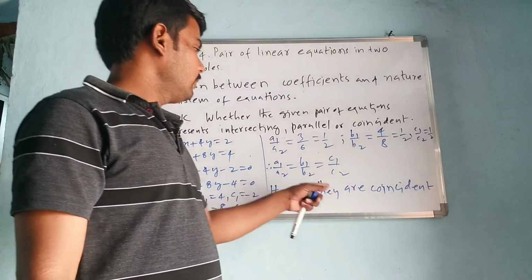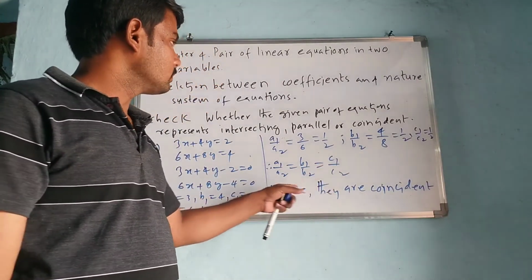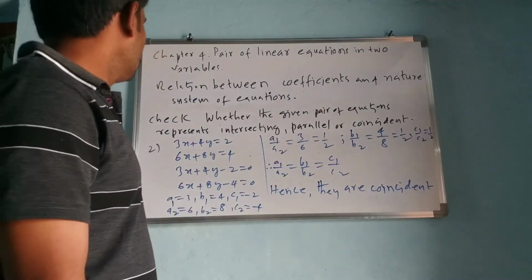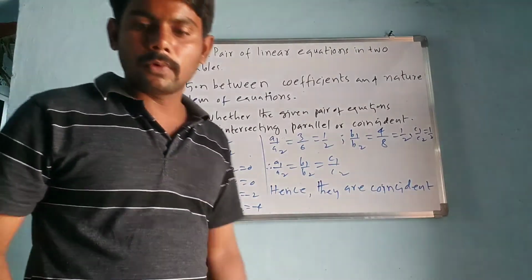So in this case, the system of equations has infinitely many solutions. Now let us do the third problem. One more problem.